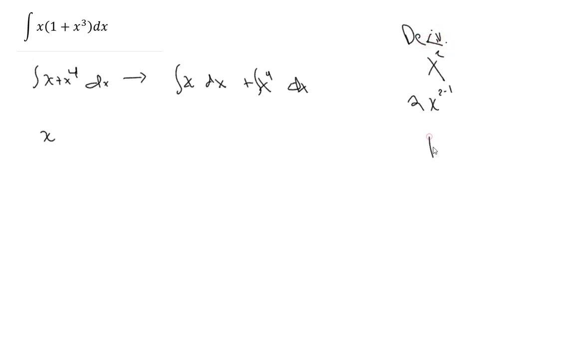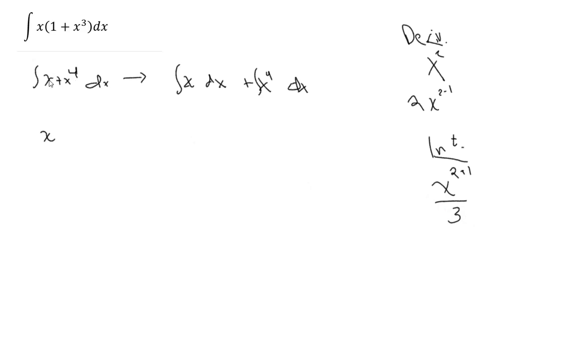But for an integral, it's actually the opposite. You're going to add 1 to the exponent, and so this becomes 3, and then you divide by that new exponent.